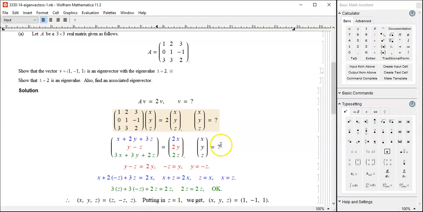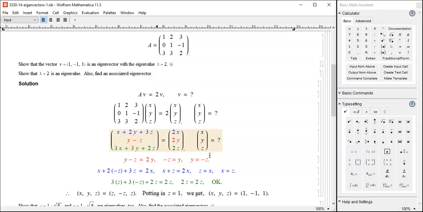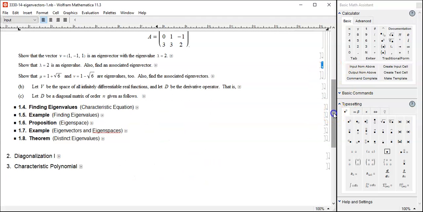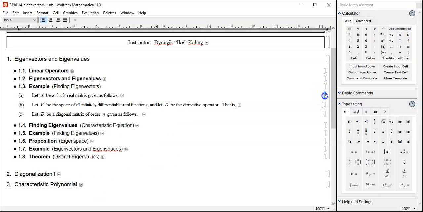Use elimination and substitution, and typically plug in some variable equal to 1 to get an eigenvector. As long as you do not put 0, it's going to be okay. Why 1? Because 1 is the second simplest.